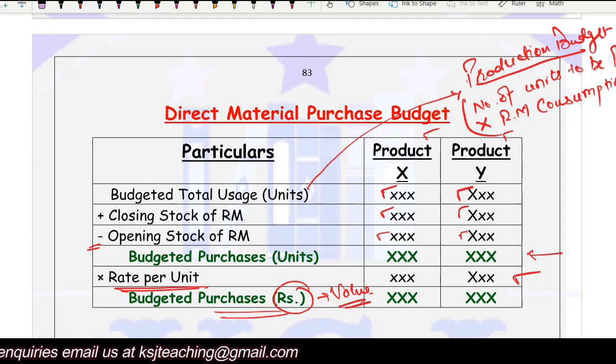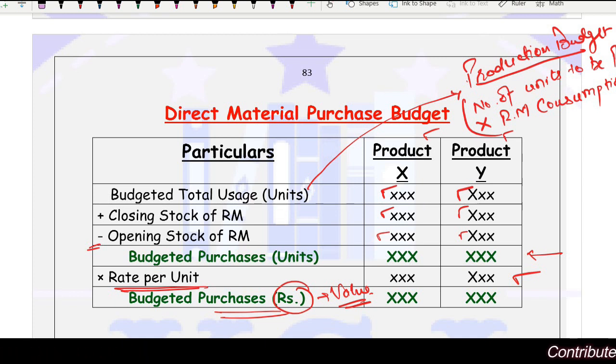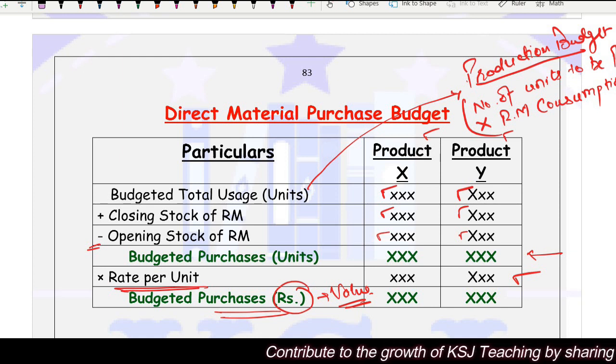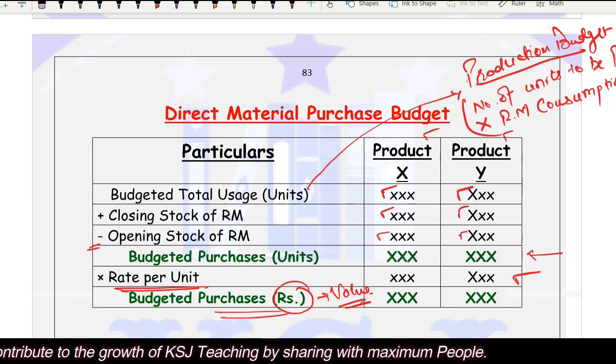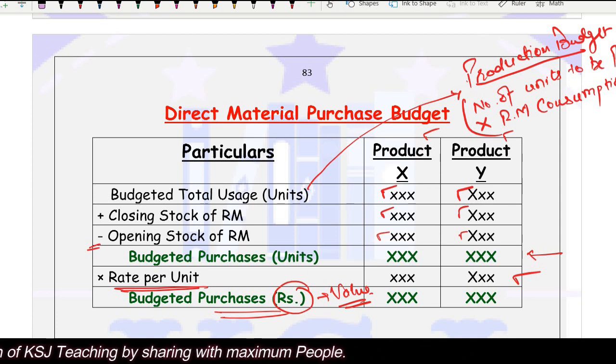So products can be taken on another side, or whatever the information is given. The basic conceptual part is going to remain this only, that this is how you calculate the quantity of the direct material that is to be purchased, and the price that we will have to pay for the purchase of that raw material.